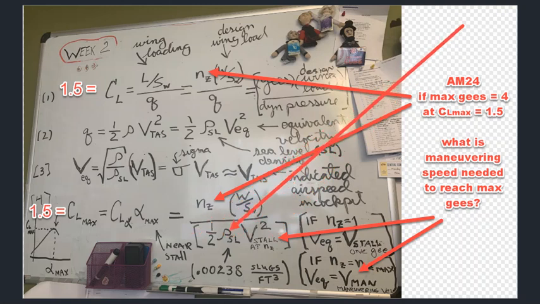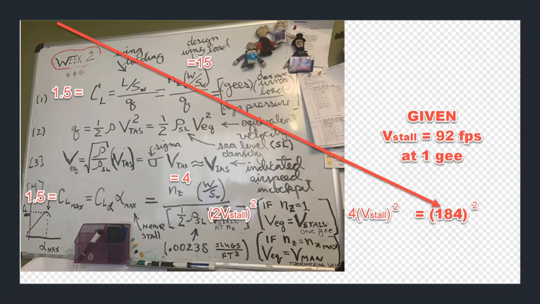And since sea level density is a constant, the 4 is going to have to come from V squared. So if you put twice the velocity stall at 1 G, 2V in here, then the 2, when you square it, will give you a 4 in the denominator. And that's kind of the secret for working this problem.